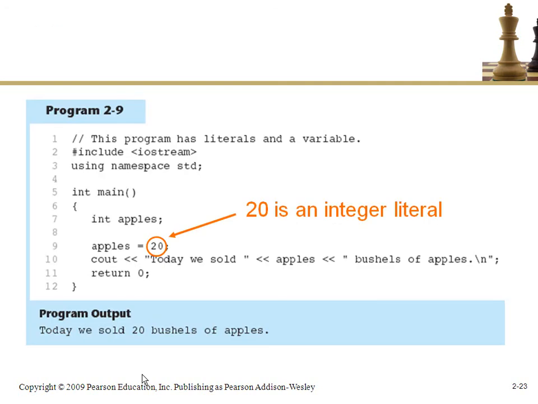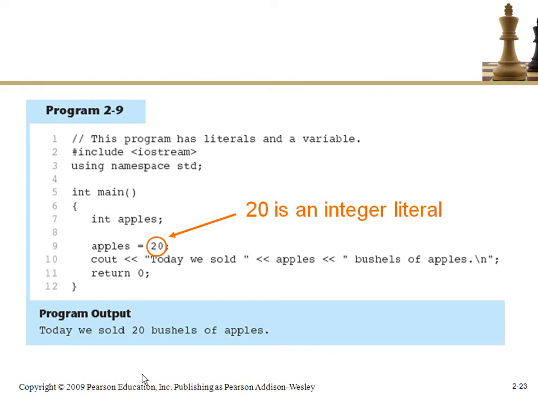Let's look at a program example in which we are using an integer literal. Program 2-9. We define our apples as a variable of type integer in line 7. In line 9, we are assigning, in the assignment statement, a value of integer literal 20 into the variable apples.